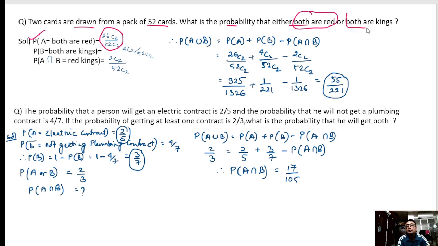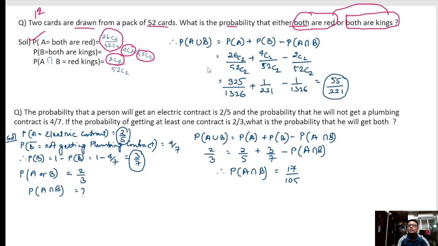Both are kings. Both the 2 cards should be kings. So how to draw? There are 4 kings. From 4 kings I will draw 2 cards like this by the total sample space, and it should be a red king.